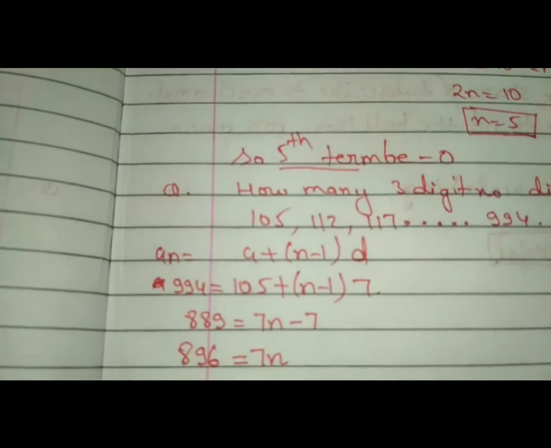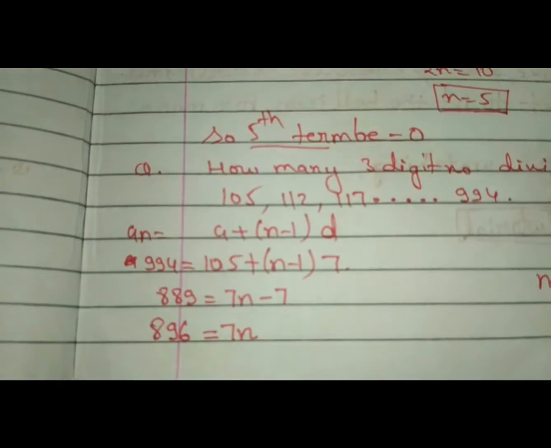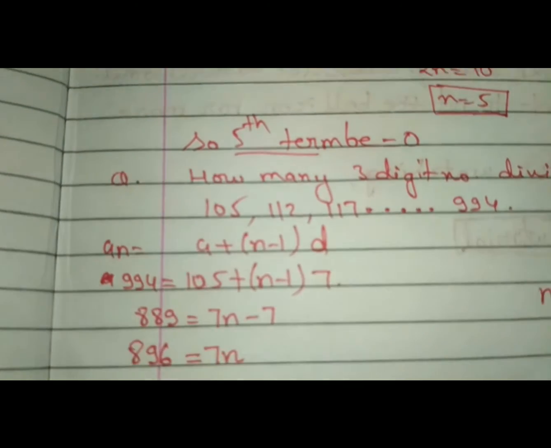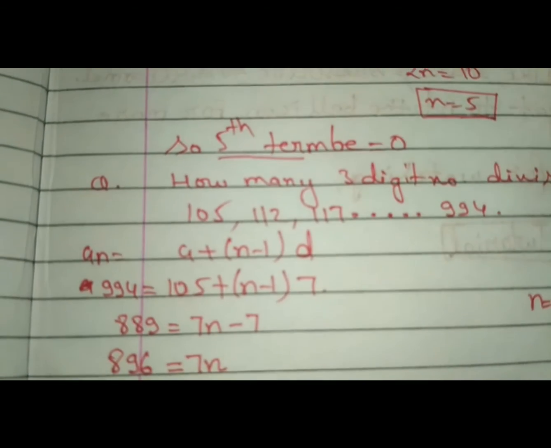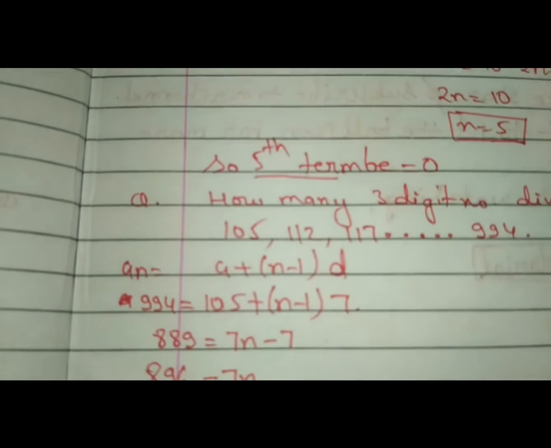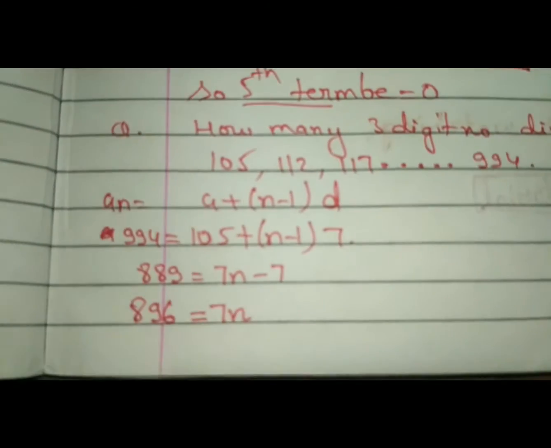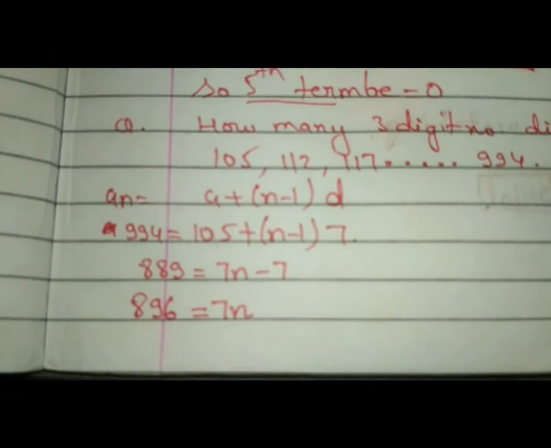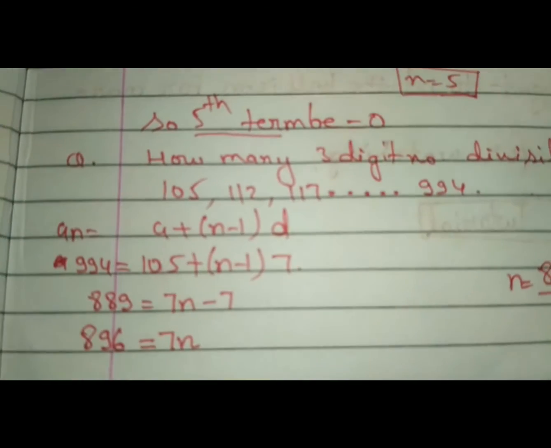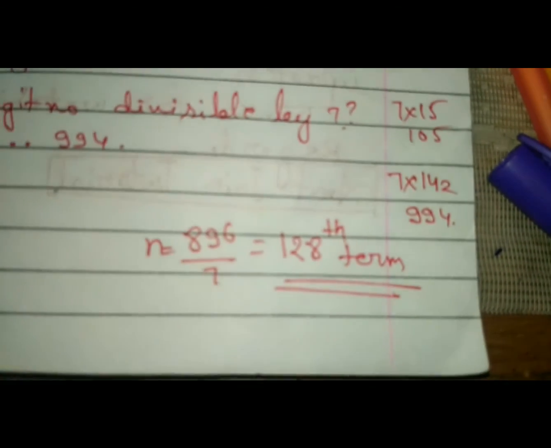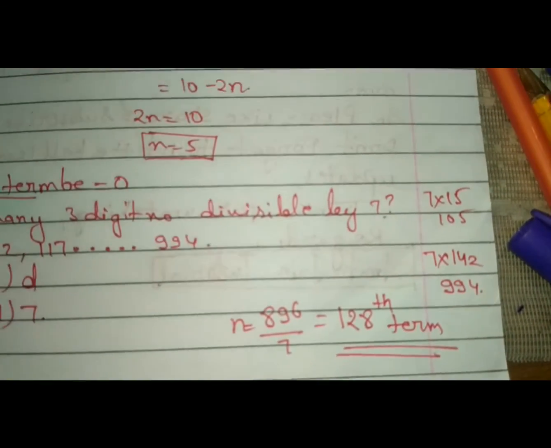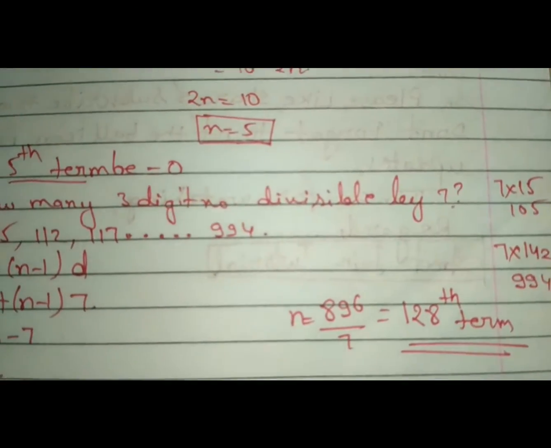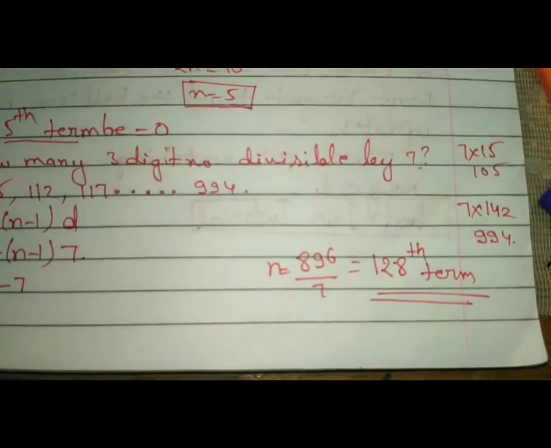So 994 minus 105, that is equal to 889, that is equal to 7n minus 7. So 889 plus 7 is equal to 896 is equal to 7n. So n is equal to 896 upon 7, which is 128. So there are 128 3 digit numbers divisible by 7.